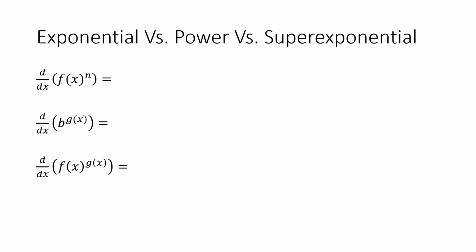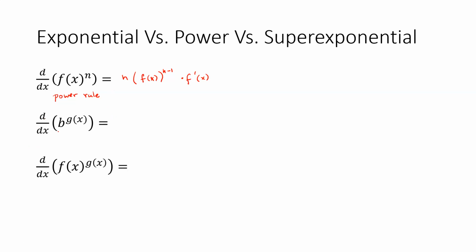The derivative of f of x to the power of n we know is going to be like a power function, where I'm using the power rule here, because we've got a constant in the power. So we know it'll be n f of x to the n minus 1, and whatever f of x is, we multiply by the derivative. Right? So there we're applying the chain rule.